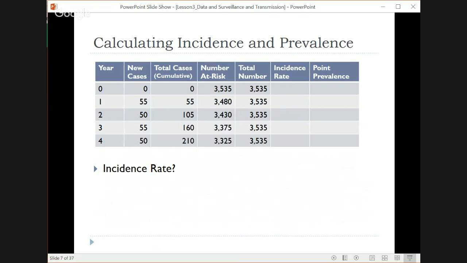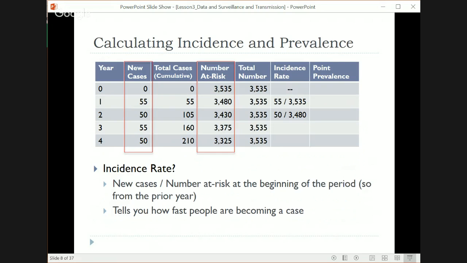Okay, so this should be how you set up your table from yesterday. Now, the first thing you are asked to do is calculate the incidence rate. So in the second column, we have the number of new cases, and in the fourth column, 1, 2, 3, 4, we have the number at risk.